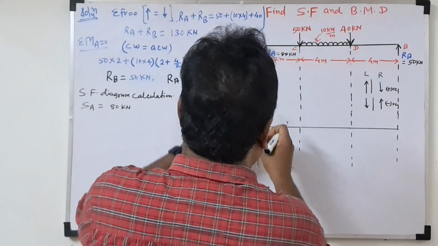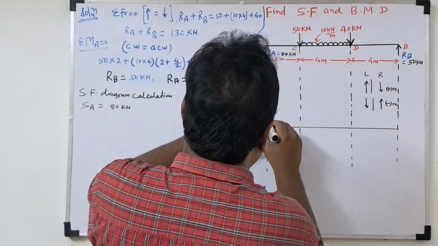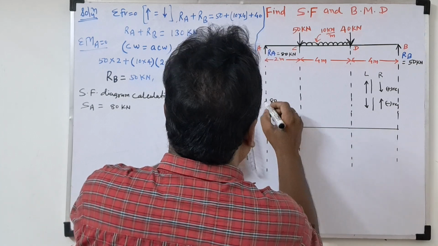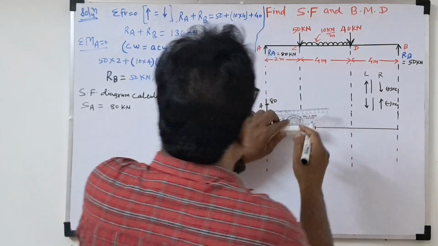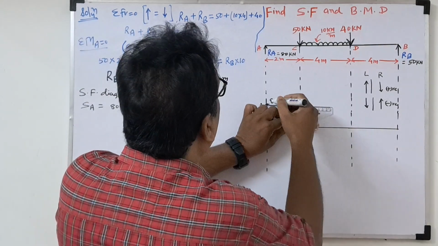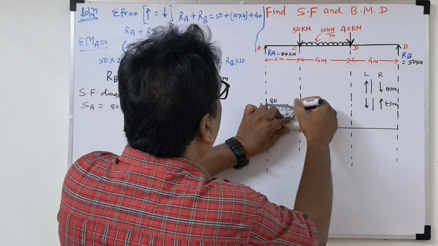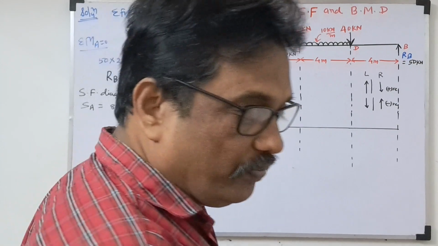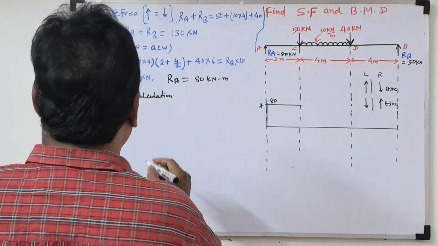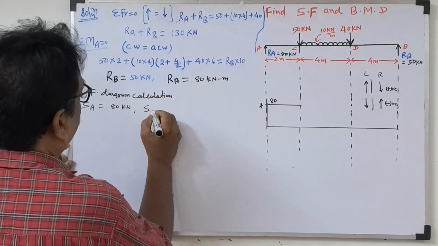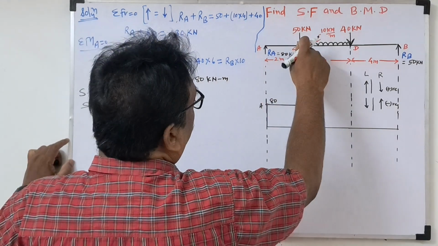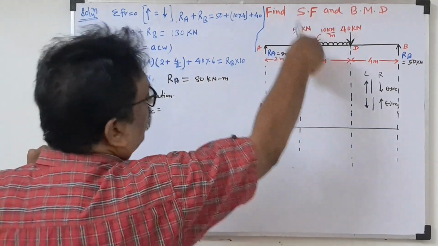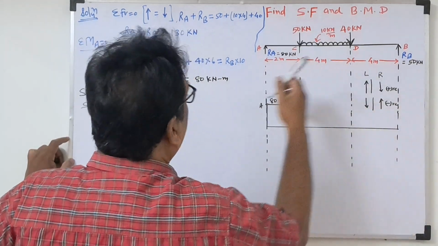So up to this 80 kilonewton, you can draw it parallel also. Suppose you take 80 kilonewton here, at point A. Now between A and C there is no load, so it will be a horizontal line. Now we will go to point C. SC: if we take the point load, downward direction is negative on the left side.